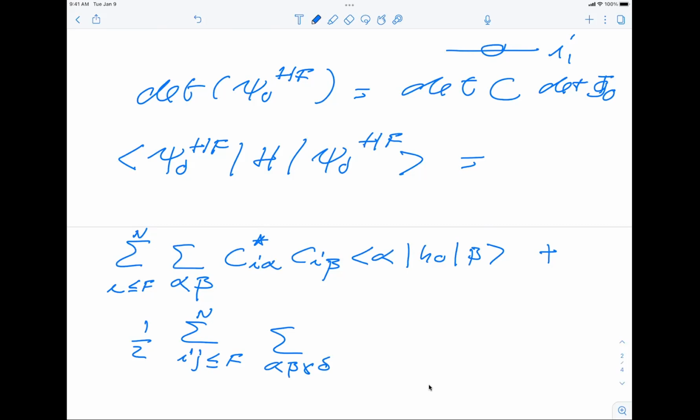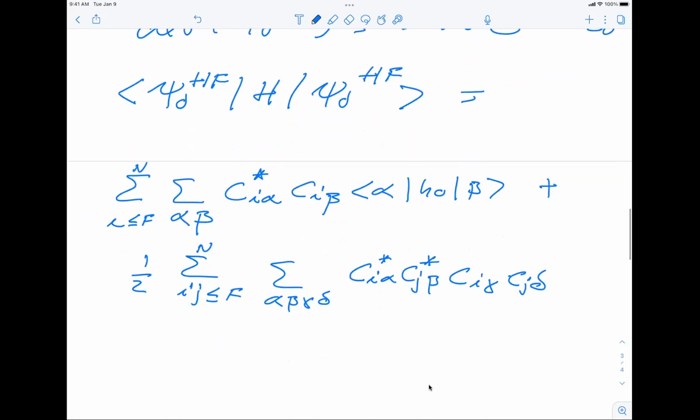And then we have coefficients C, i, alpha, C, j, beta, complex conjugate. And then I have a C, i, gamma. And then I have a C, j, delta. And this is now multiplied with the matrix elements, alpha beta V gamma delta, and this is anti-symmetrized.